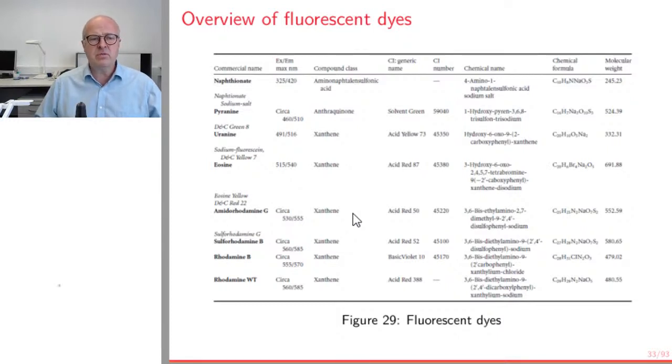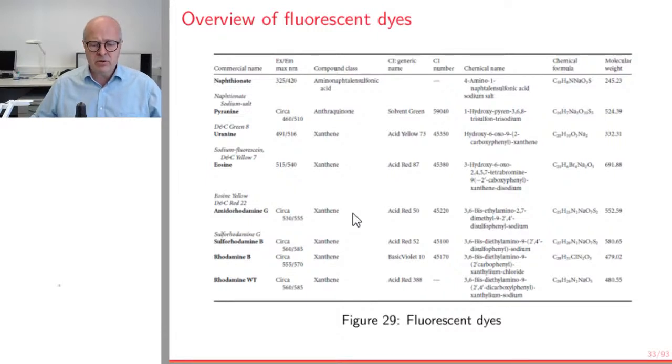So there's a difference of more or less 25 nanometers. This is important because this is the most common tracer. And you should also remember amidorhodamine, which is reddish, has a red color with a wavelength of 530 to 555.